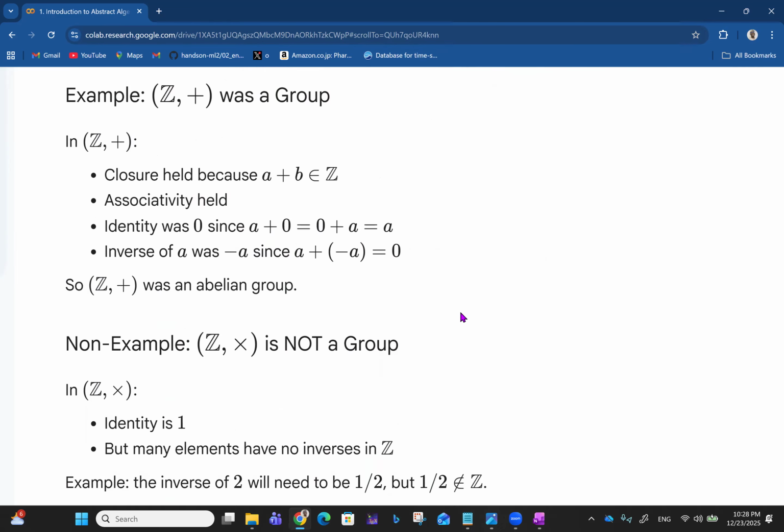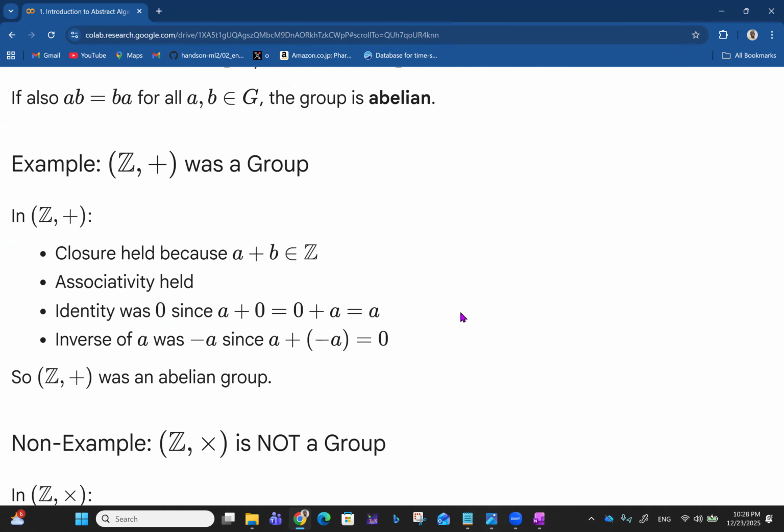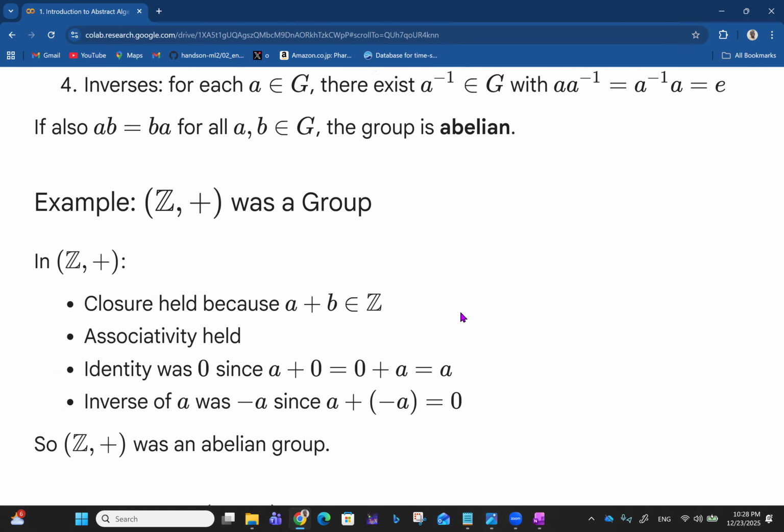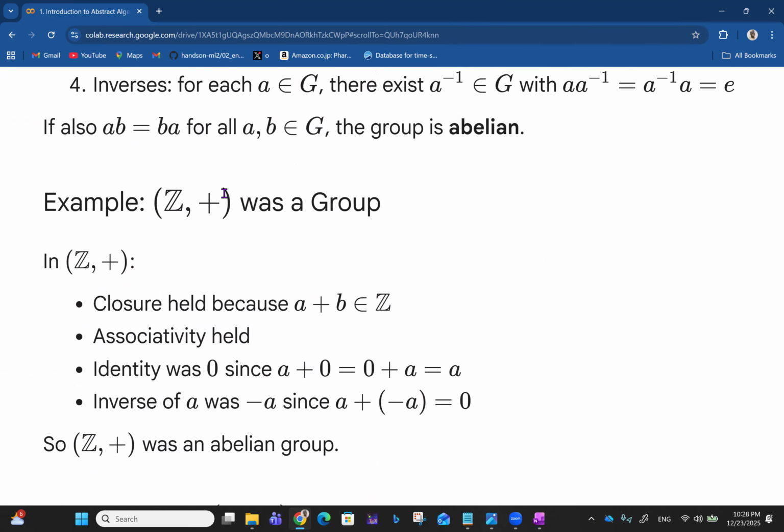Okay, now let's look at this example where the set of integers under addition is a group, right? So all integers, whether positive or not, and you have the plus sign.